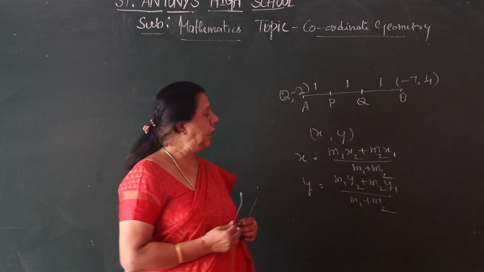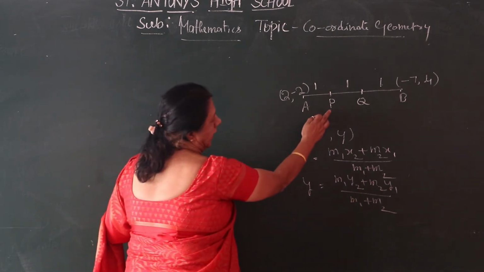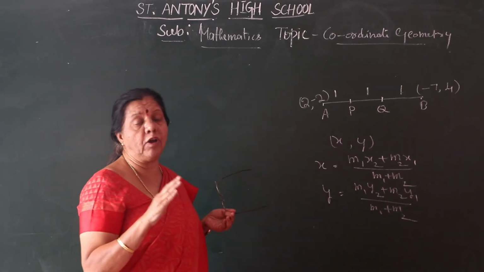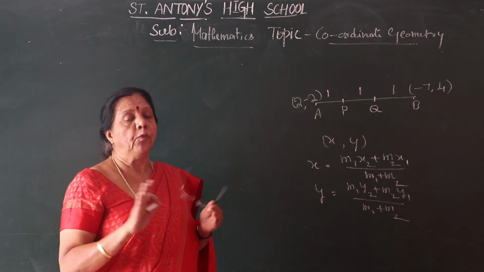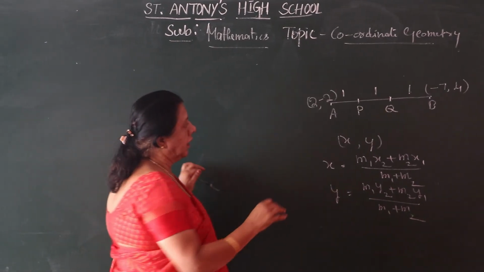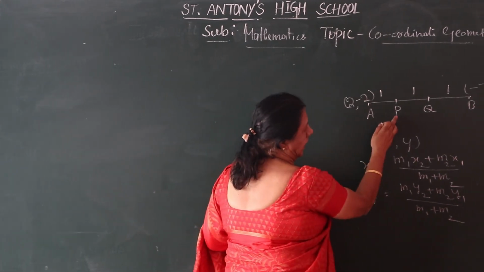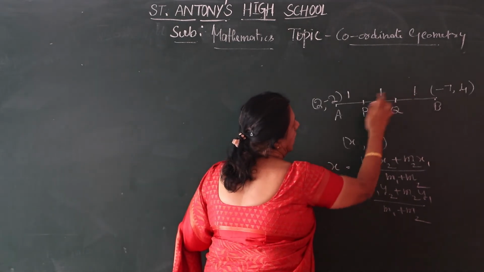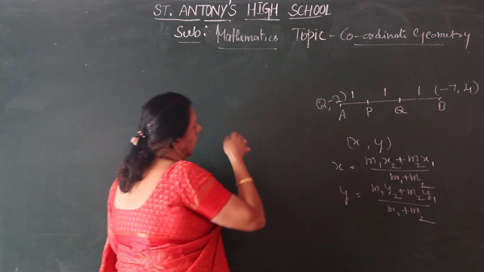Take P for example. What is the ratio? Without the ratio M1 to M2, we cannot find it. Here, taking P as the center, you take one part and add the remaining. For P, what is the ratio?